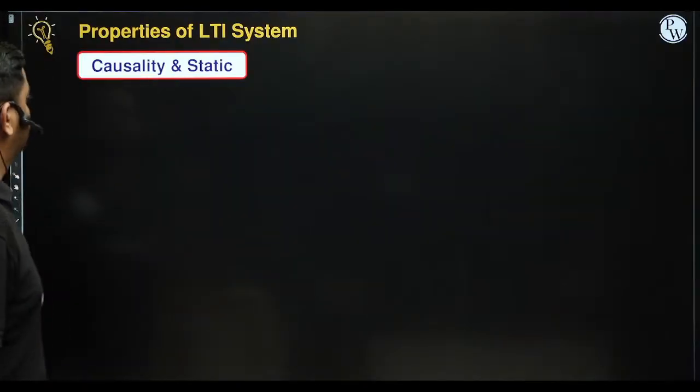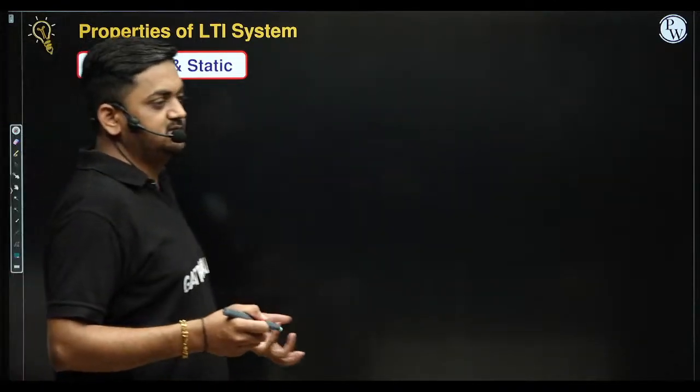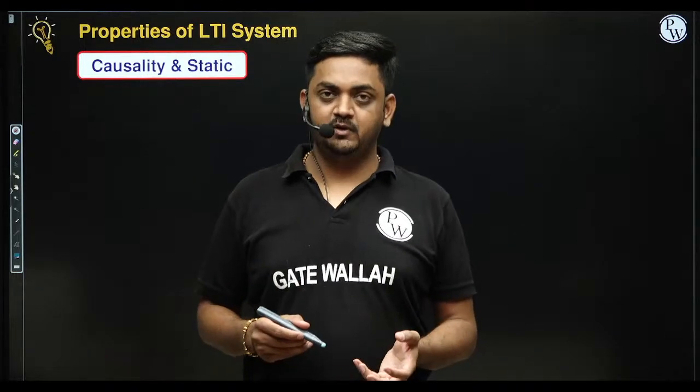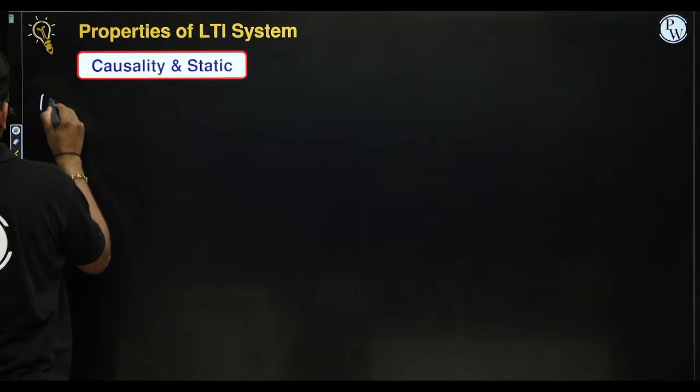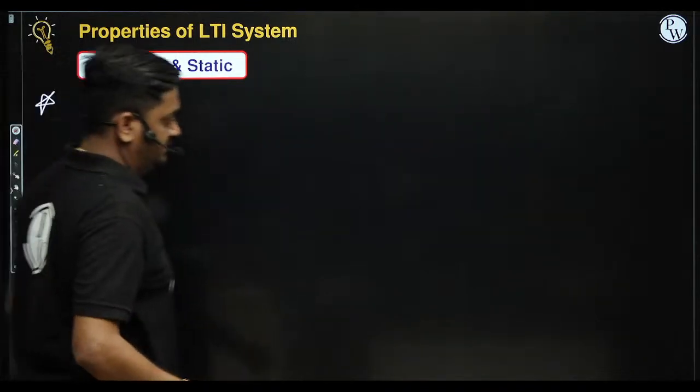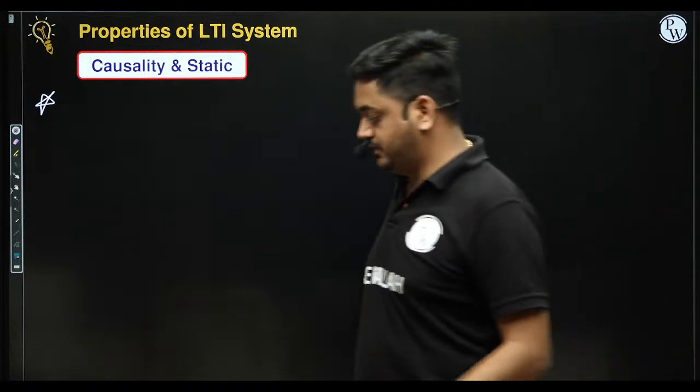So next, first we have seen under what condition an LTI system is said to be causal and static. We have seen that any system can be represented by its impulse response, whether it is discrete time or continuous time.